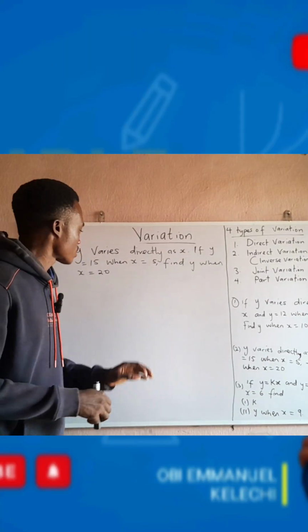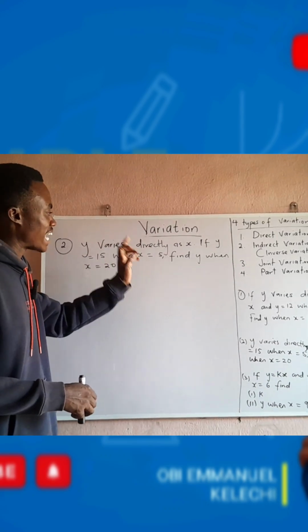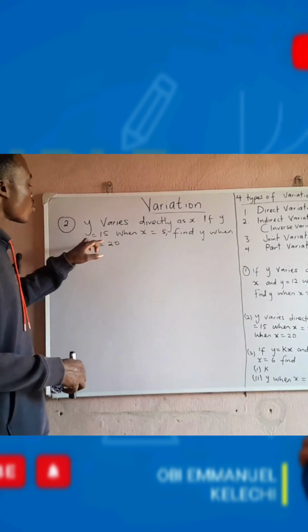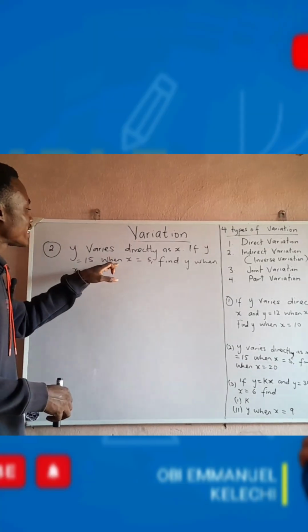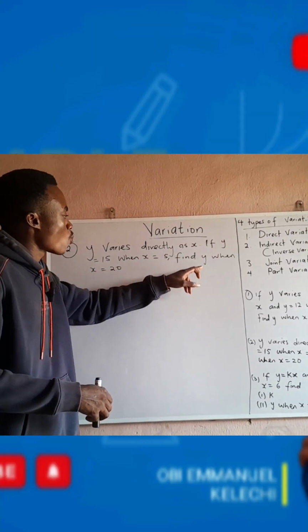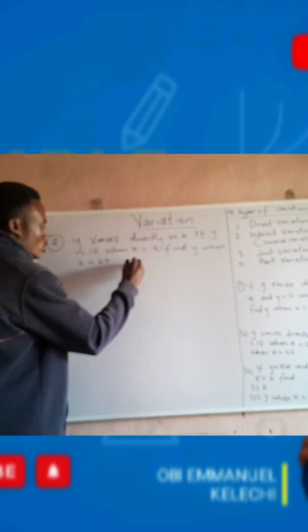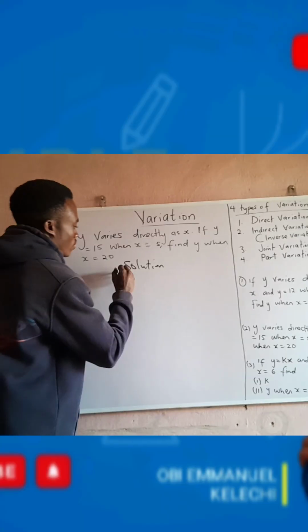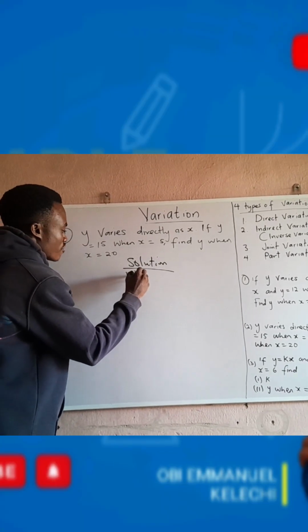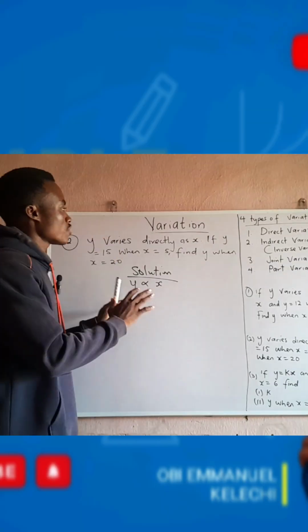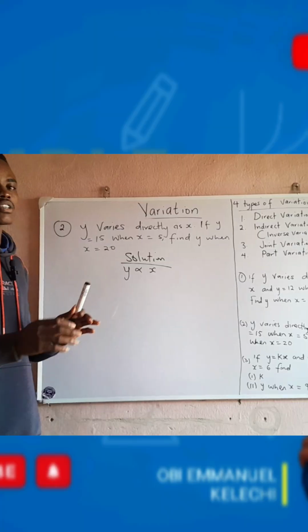So the second question says, if y varies directly as x, if y is equal to 15 when x is 5, find y when x is 20. Just like I said, solution: y varies x. In solving for variation, you must always find your constant.